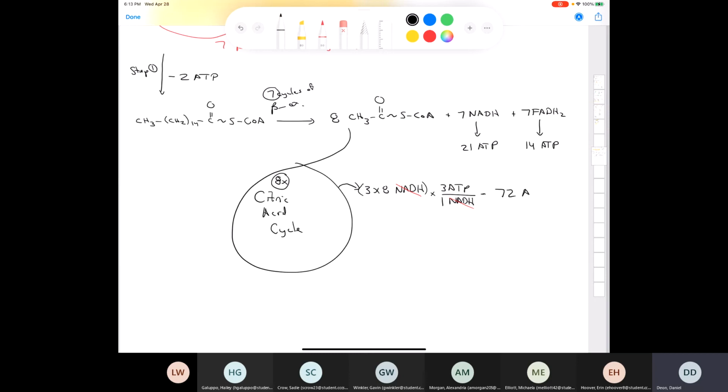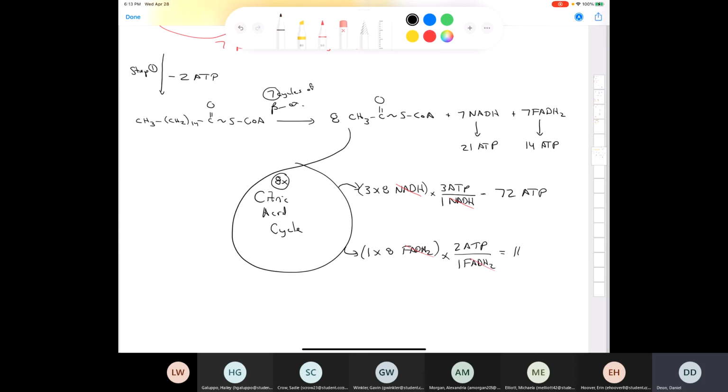So 72 ATPs. What else do we end up with? We also end up forming 1 molecule of FADH2 in the citric acid cycle. So we have 1 times 8 molecules of FADH2, right? Every 1 FADH2 has a value of 2 ATPs. We cancel this out. So we have 1 times 8 times 2. That's easy.